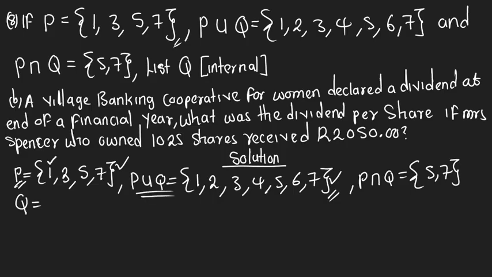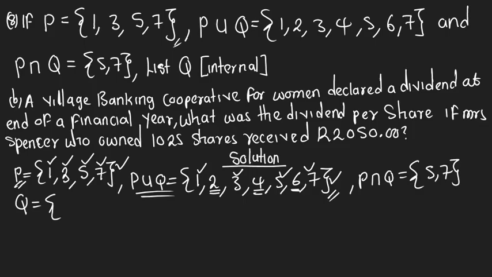We remove 1, we remove 3, we remove 5, we remove 7. What is going to remain is 2, 4, 6. So these numbers should be in set Q.